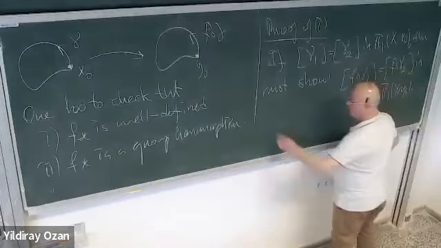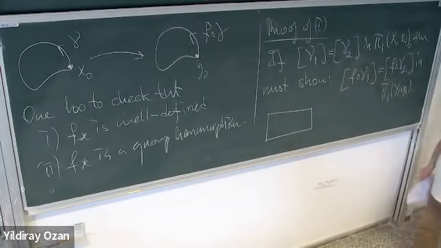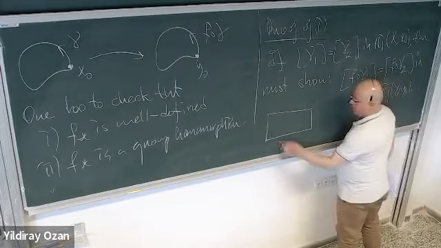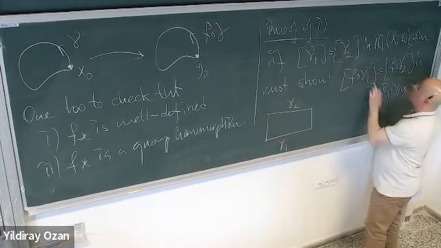Okay, so here, let's say I have a homotopy. This is gamma 1, this is gamma 2, and they are homotopic, right?